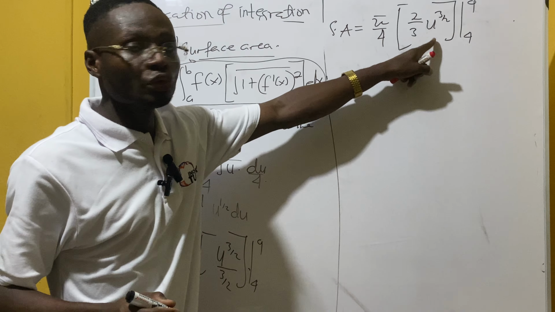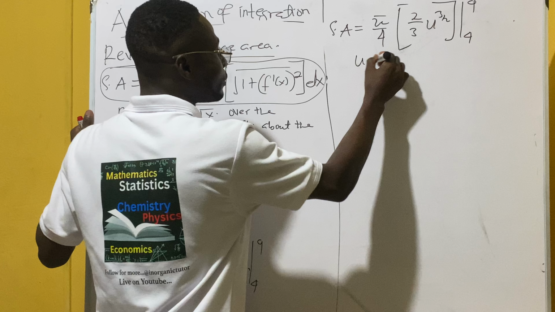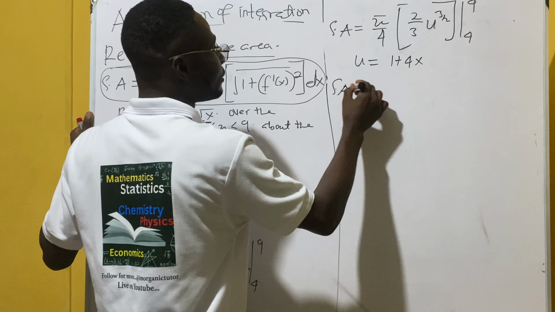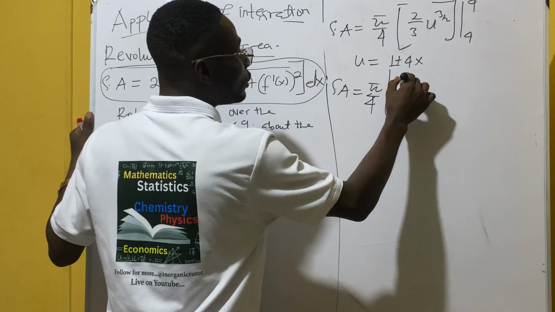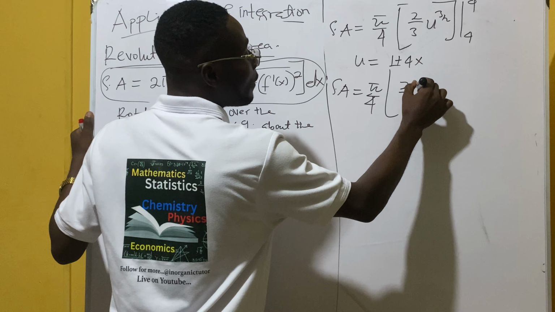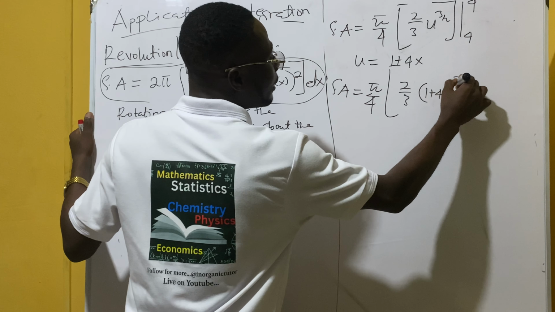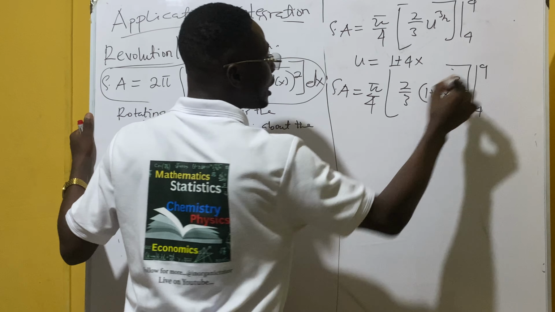But we said that u should be 1 plus 4x. Okay, so we're going to have u equals 1 plus 4x. So we have our surface area to be equal to pi on 4 into 2 on 3, 1 plus 4x power 3 on 2 from 4 to 9, right?